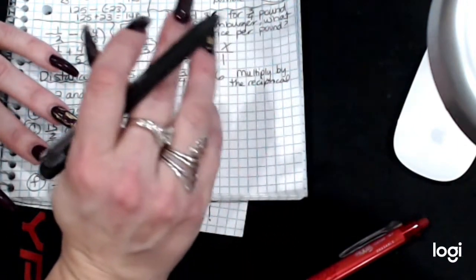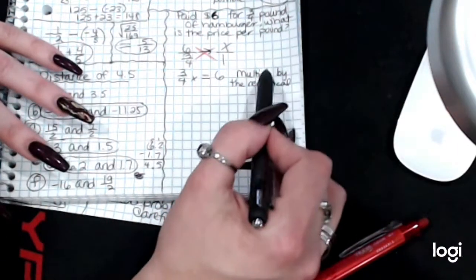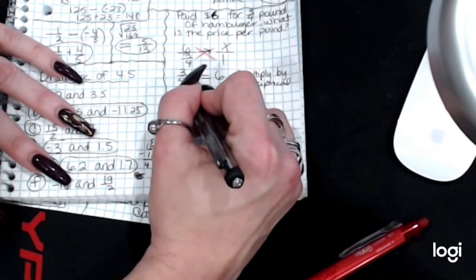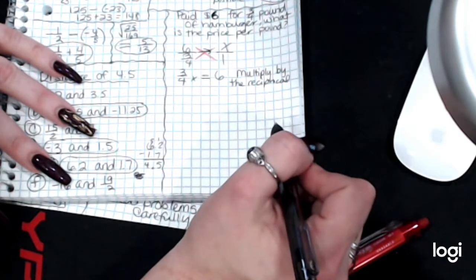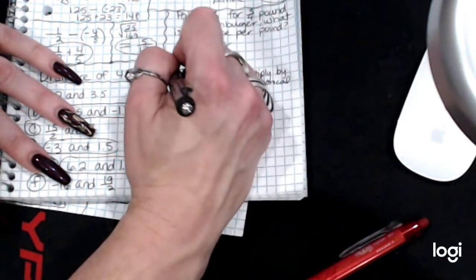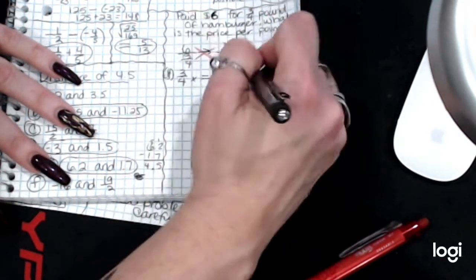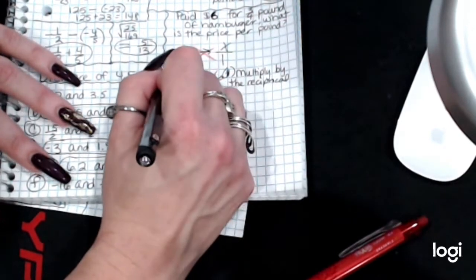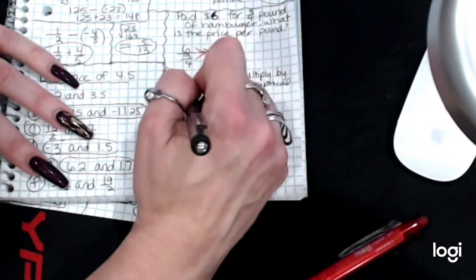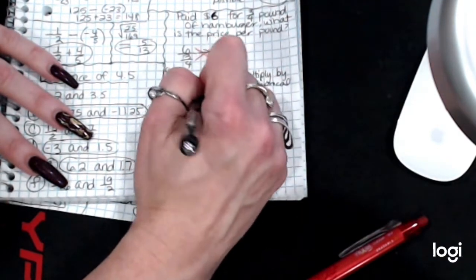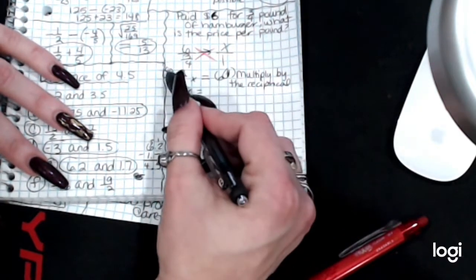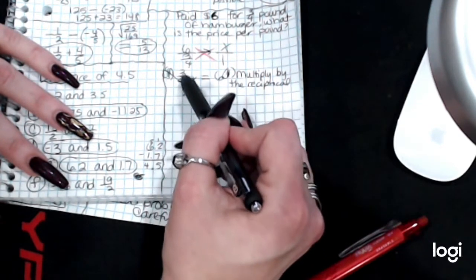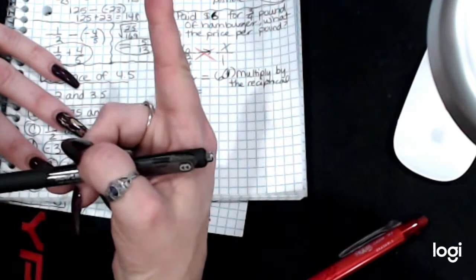You memorized that acronym, but this is the mathematical reasoning behind it. If we multiply by 4/3, it looks like this on both sides. These equal 1, so you're left with X, just X, 1X. And I'm going to explain that because 4 times 3 is 12 and 3 times 4 is 12. Well, 12 over 12 equals 1, okay?